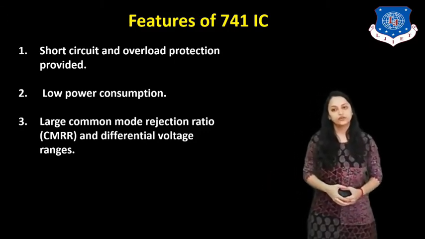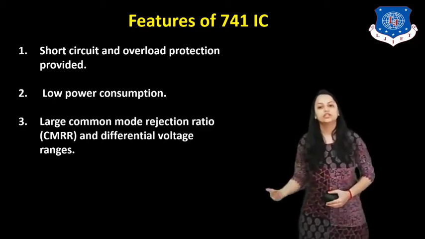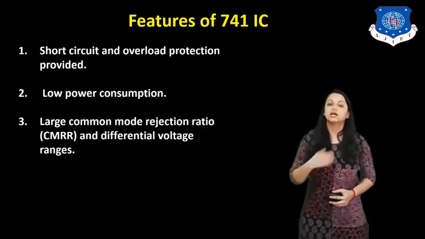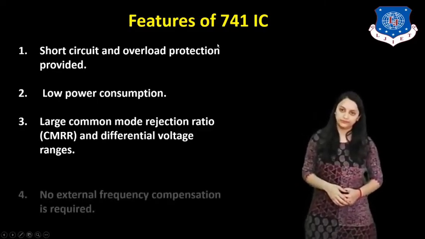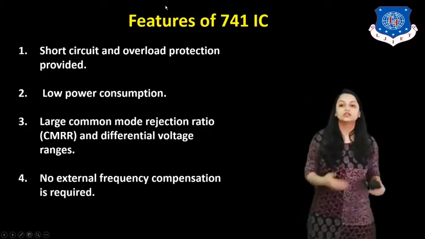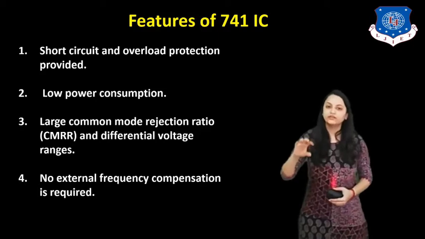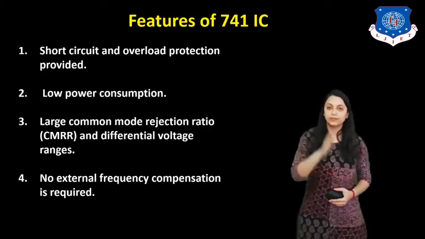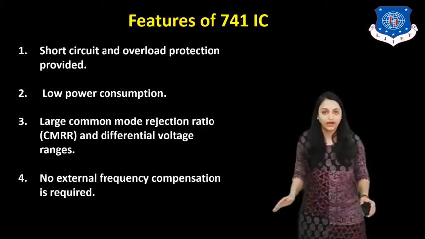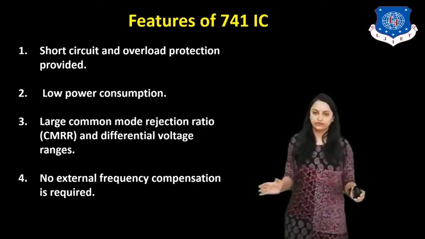So IC741 provides large common mode rejection ratio and differential voltage ranges. There is another feature of IC741. Next feature is that there is no external frequency compensation required. That means frequency compensation circuit or frequency compensation parameters are not required by using IC741. So these are the features of IC741.